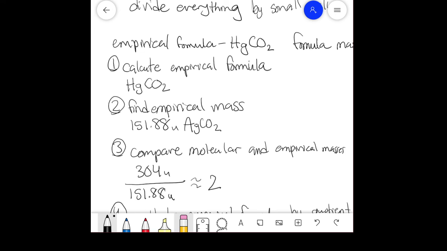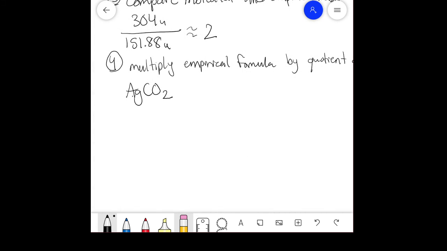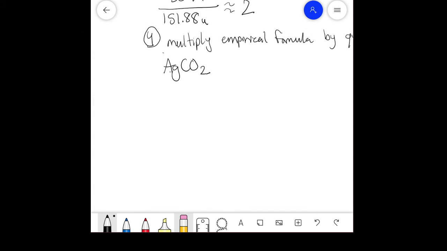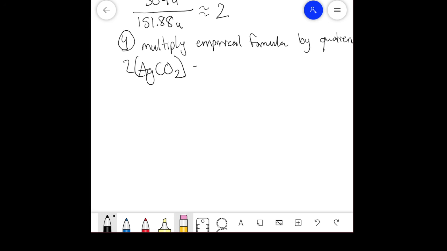I cannot read my own handwriting, which is probably no surprise to you all. Okay, that is an A. It's silver. Everything should be correct, but all you're going to do is take that and multiply it by 2, use distribution, and so the true molecular formula of this is Ag2C2O4, just like that, and that is the molecular formula.